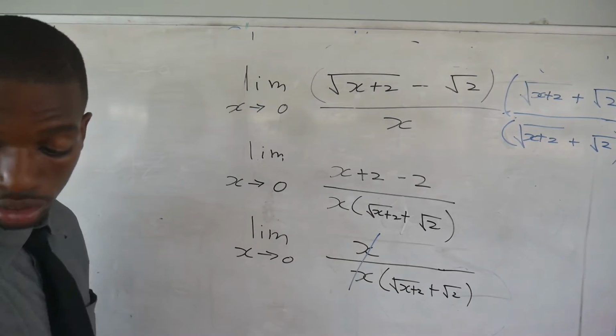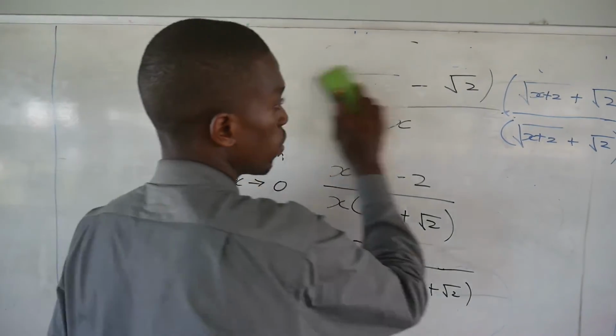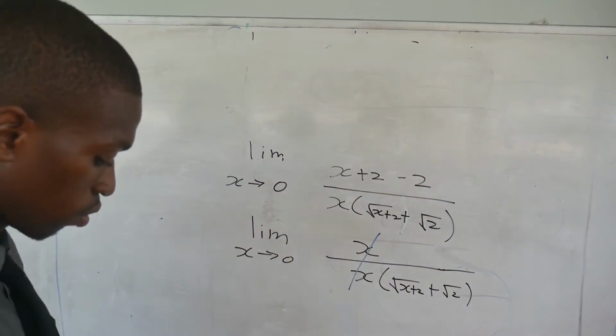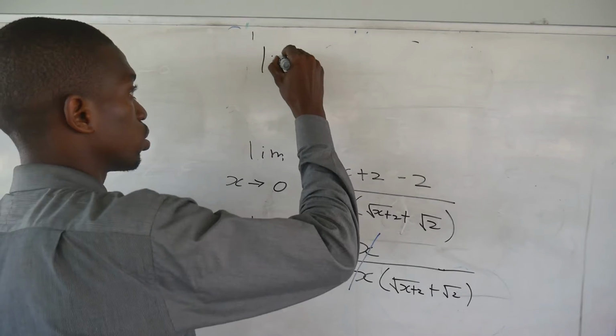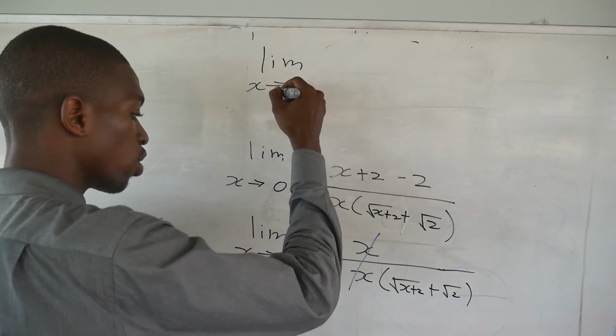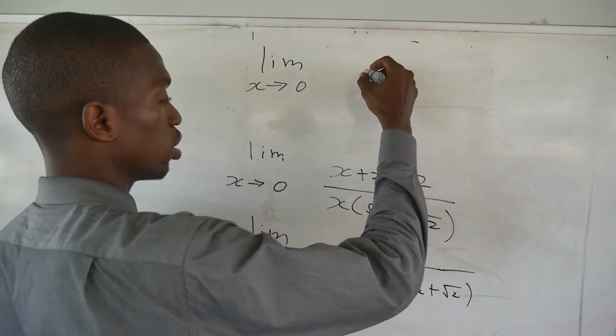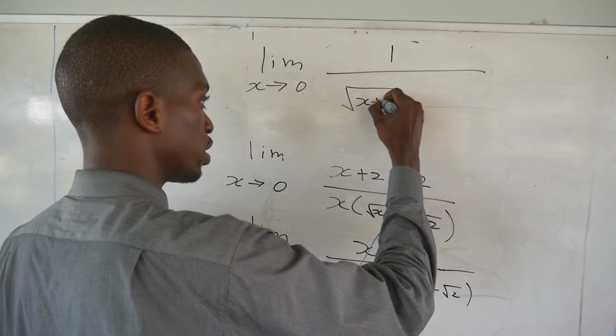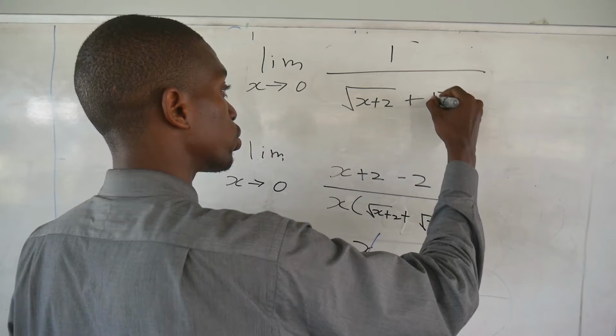So this now becomes simply 1 over root of x plus 2 plus root 2.